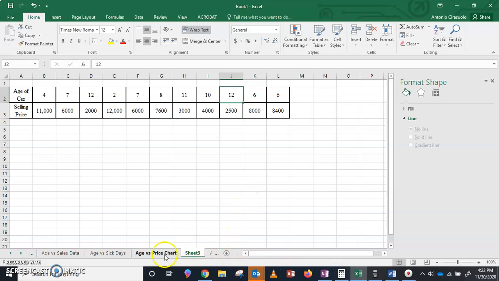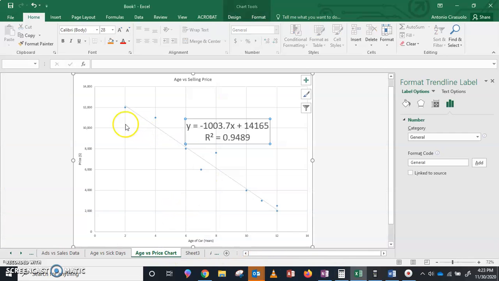So when we actually look at the chart, the line is only going to be between 2 and 12 for x. But if we were to extend this line further, you see it does actually hit the 14,165 mark. So that's what that really represents. If this went up here, it's going to hit the y-axis at that point, at 14,000 and change.